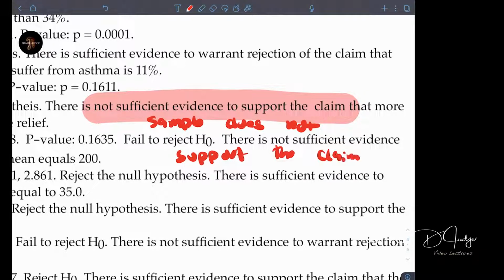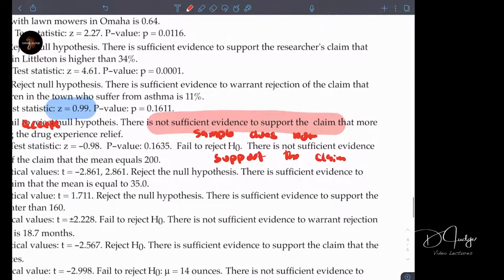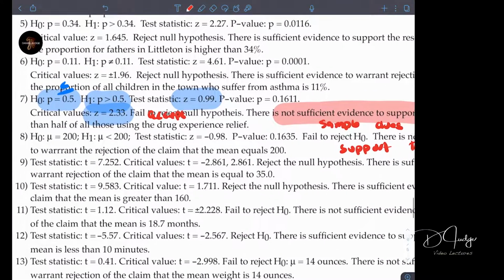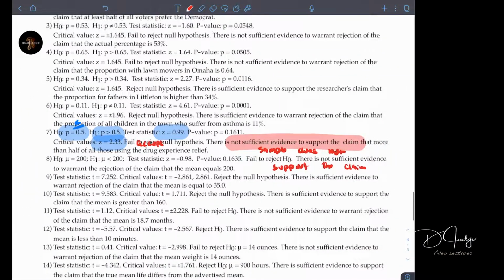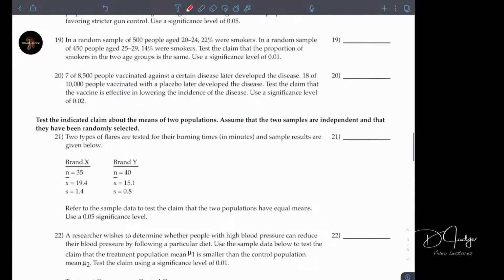So anyway, it looks like we're good to go, ladies and gentlemen, for number 7 as well. Looks like we have all that information too. So we did good today. Slight mistakes, but when you catch them, they're not really mistakes.